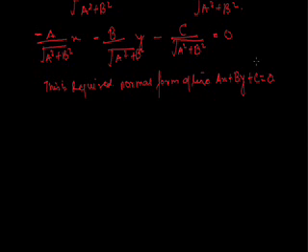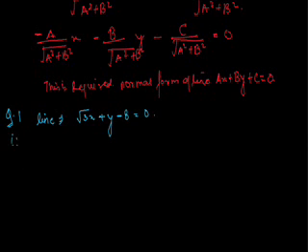So continuing with the questions. Question number 1 will be: transform the equation of the line, given as root 3x plus y minus 8 is equal to 0. First, I have to find the slope intercept form.